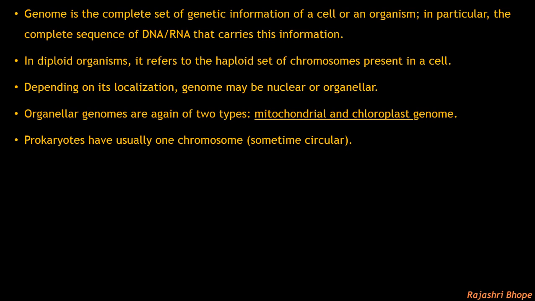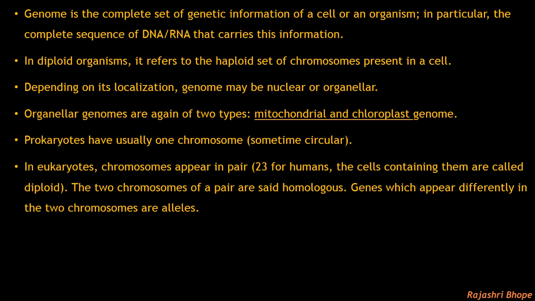Prokaryotes usually have only one set of chromosomes which is circular. In eukaryotes, chromosomes appear in pairs. 23 pairs are present in humans. The cells containing them are called diploid. Since they have two sets of chromosomes, they are known as diploid organisms.